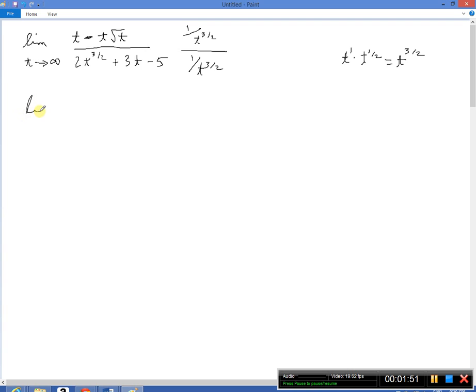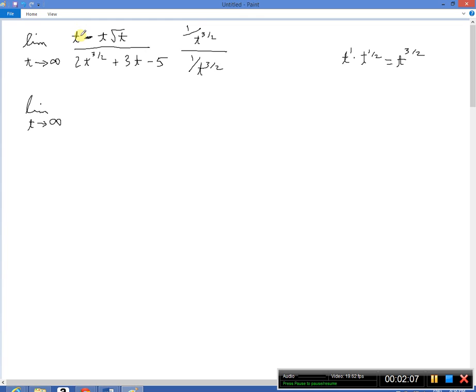So this is going to give us the limit as t goes to infinity of what? Well, you're going to have to distribute this 1 over t to the 3/2. So 1 over t to the 3/2 times t. This is t to the 1.